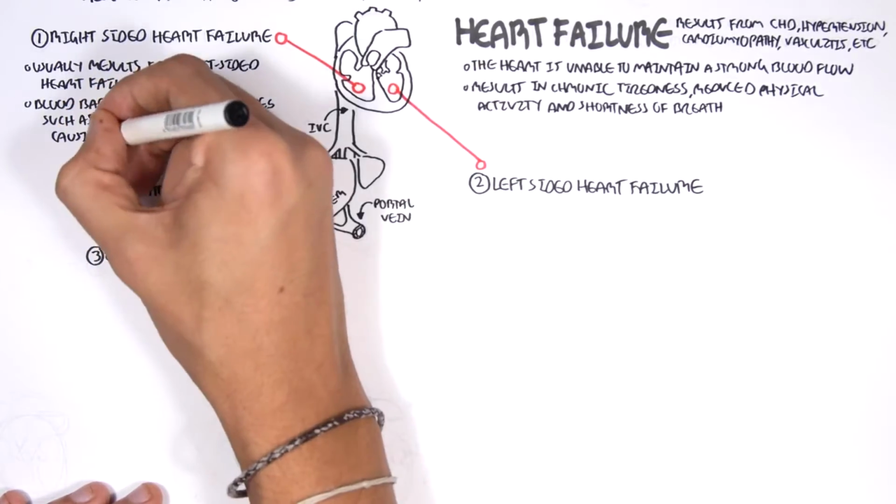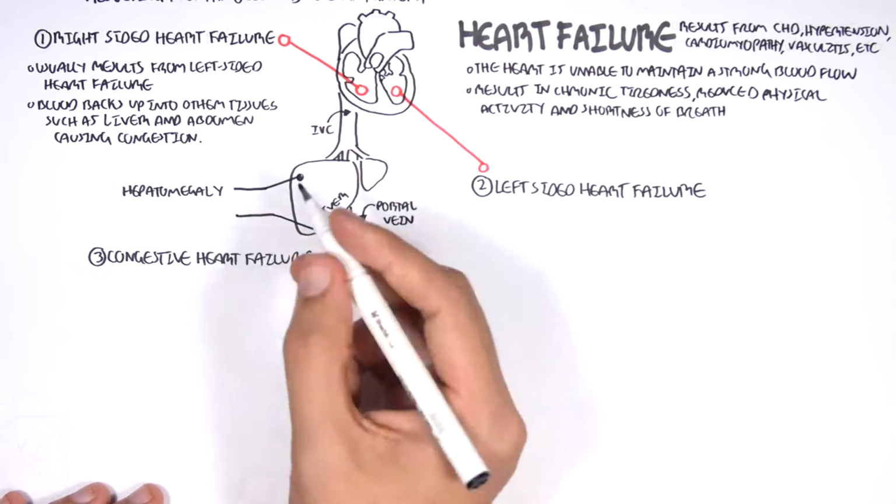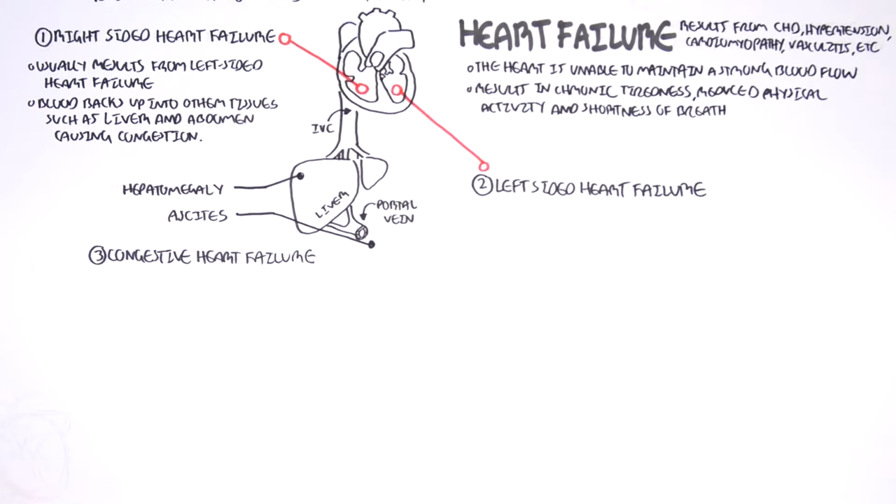So, as a result of right-sided heart failure, we can have hepatomegaly and ascites because of the backflow from the right ventricle and right atrium, because the right side of the heart fails to pump blood in the right direction.